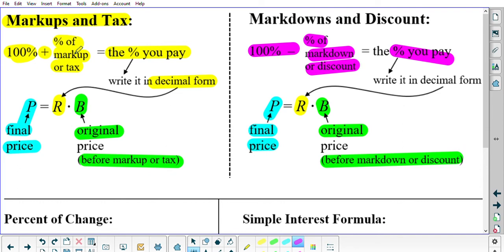That means you would pay 106% of the original price after the sales tax has been applied. But for discounts, if it's a 20% discount, you will pay 80% because 100% minus 20% means you will pay 80% of the original price to get your final price.